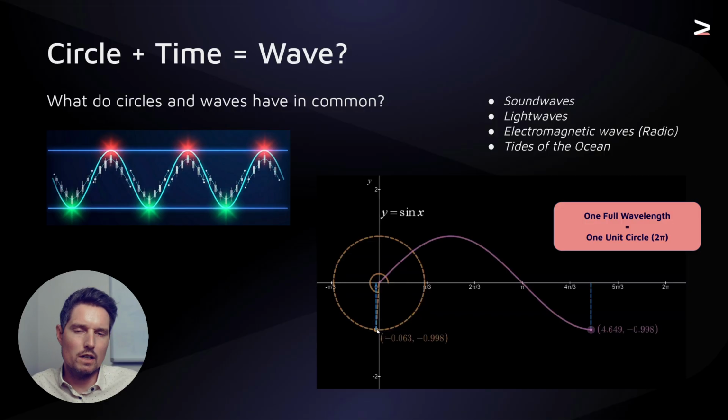We have the unit circle, which is 2 pi, and a wave. Once you add time to this circle, all of a sudden you get this wave motion, right? And the full completion of the wave motion is also 2 pi. Maybe it's a bit small on the image, but you can see it on the right there: 2 pi.